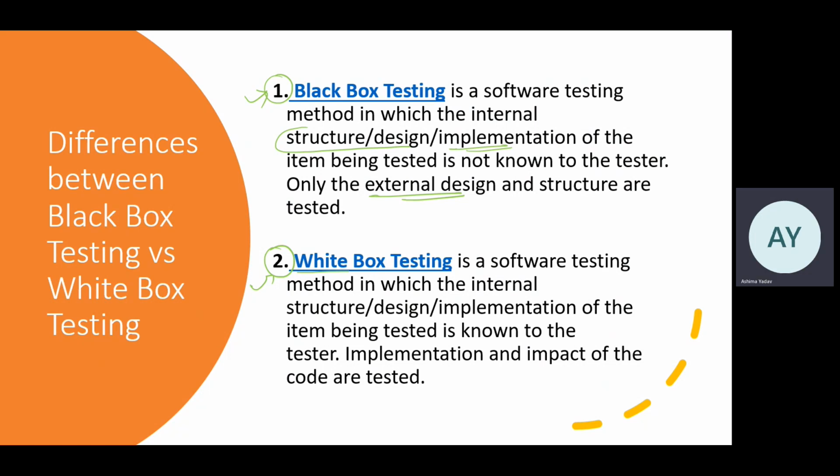So these are the two broad categories of testing. Under these categories, we have different sub categories, different types of testing. Black box means you don't care what the internal details are. White box means you definitely care how the internal details are in the software, and you test those things.